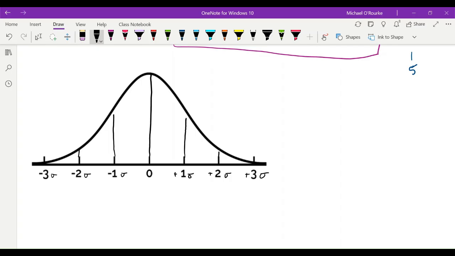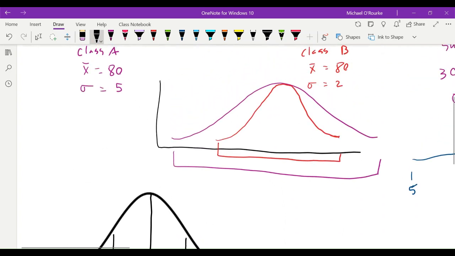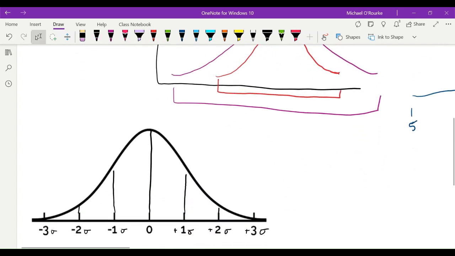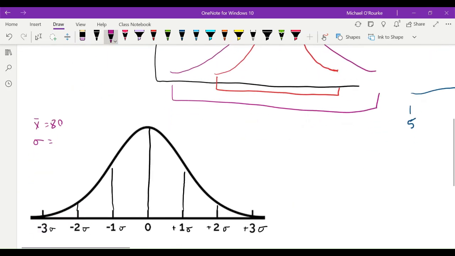So let's go back to class. We had an average of 80, so we had a mean of 80, and we had a standard deviation of, what did I say, 5? 5. Okay. So that means we're at 80 here.